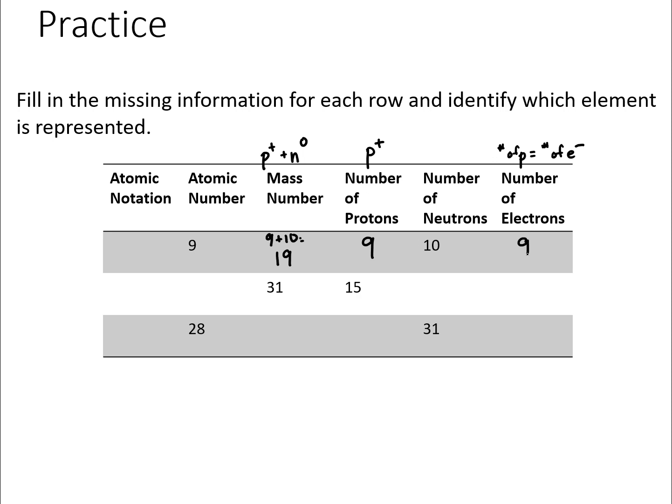When you're looking it up on the periodic table, look for the atomic number 9. So you'll find the element that has a 9 above its symbol. Did anybody figure out which element it is? You could put it in the chat.